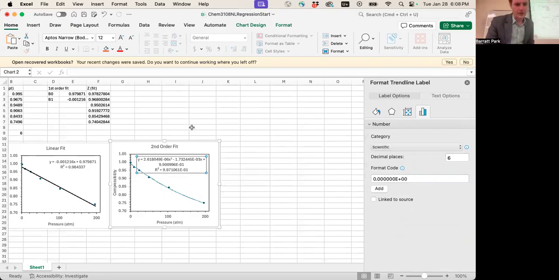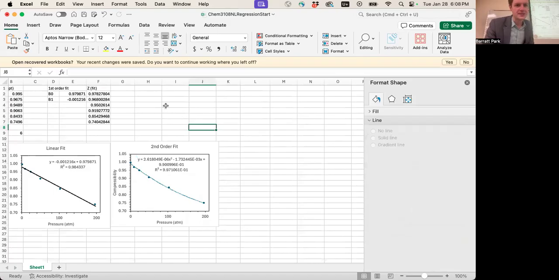Okay, so now you can see, I'll make a little table over here and I'll say this is going to be a second order fit. When we were doing the first order fit, we got best fit coefficients B0 and B1.